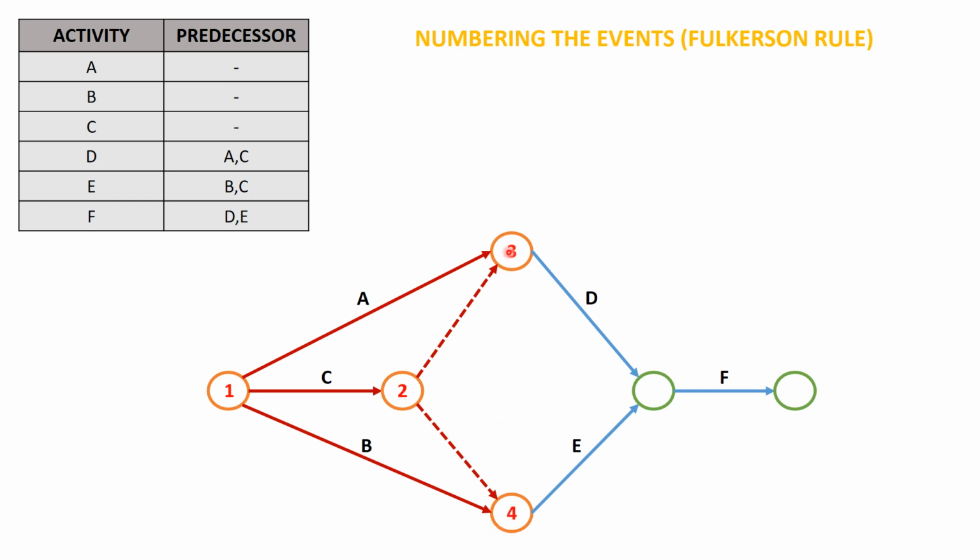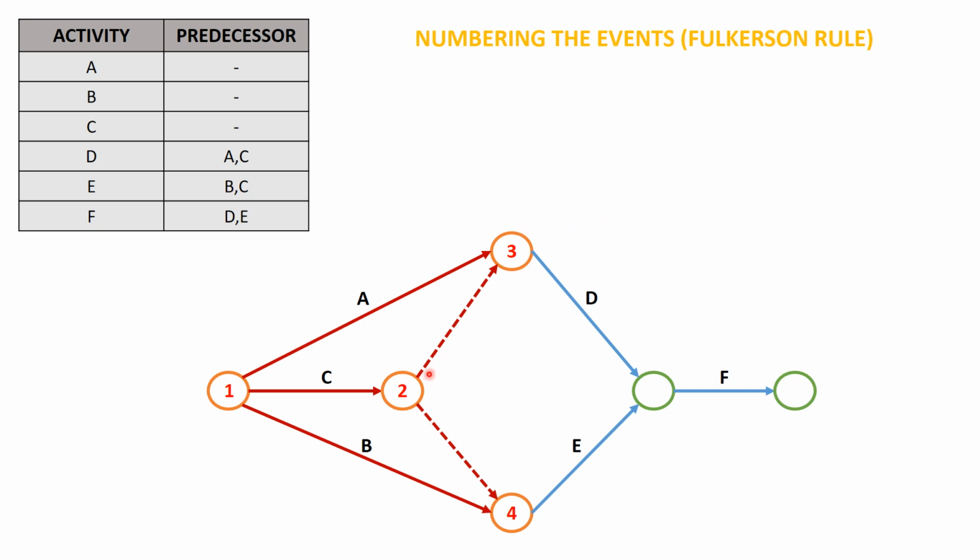So I can have event number 3 on top and 4 at the bottom, or 3 at the bottom and 4 at the top, since these two are parallel events, right? Therefore you can number in any fashion. That does not affect anything in the network diagram. You can have either 4 at the bottom or 3 at the bottom and 4 at the top, right?